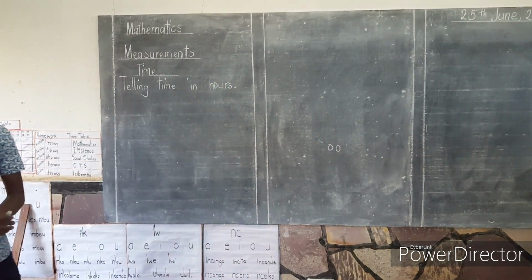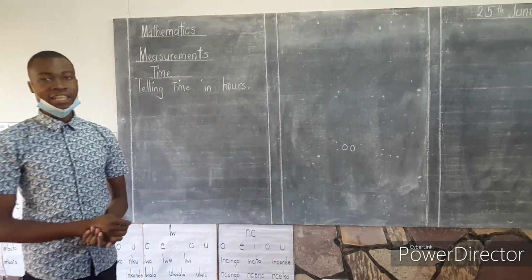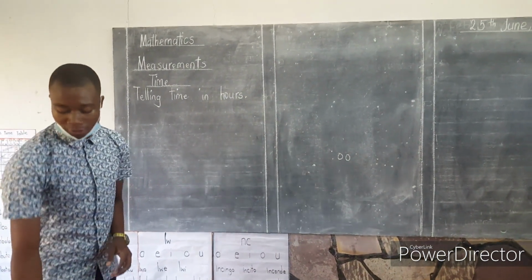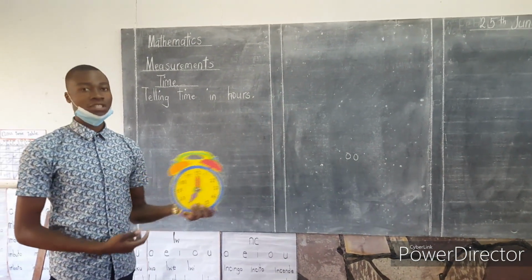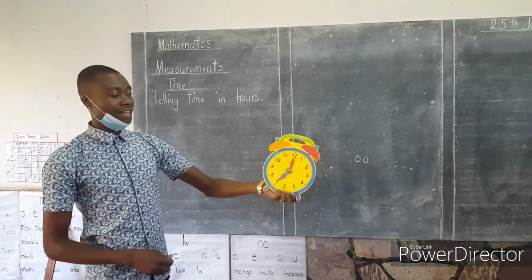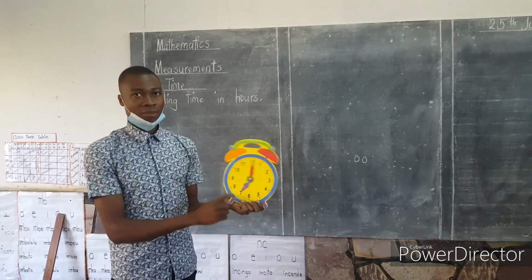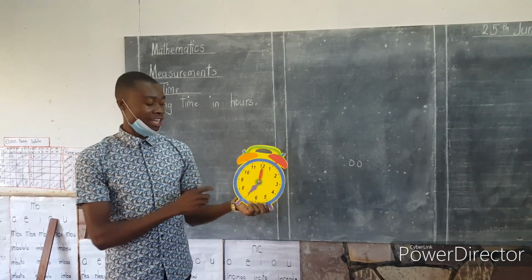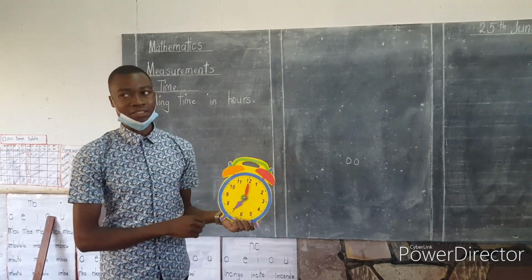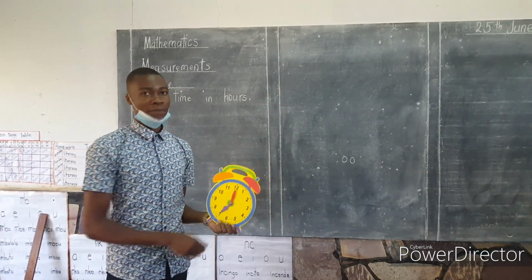Just like we discussed, there are 24 hours in a day. So if we look at the clock here, the model of a clock, we can tell that the short hand is pointing at 7, meaning if it's in the morning, this is 7 hours. So you start by recognizing the hour, then you go to minutes.